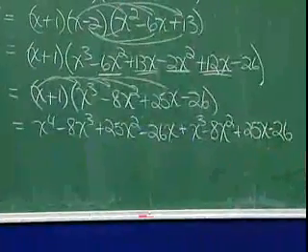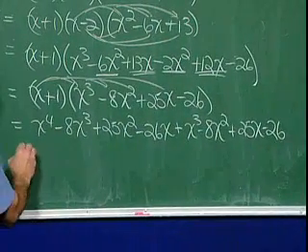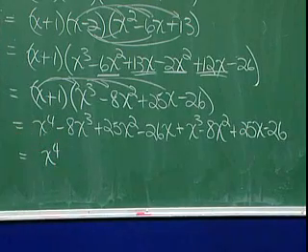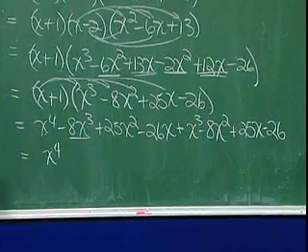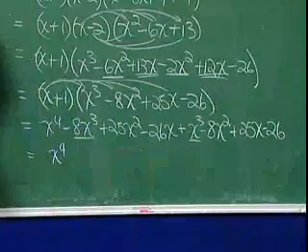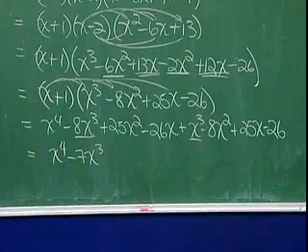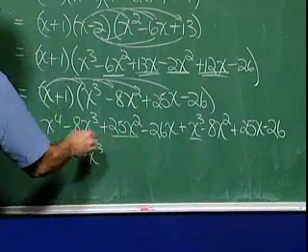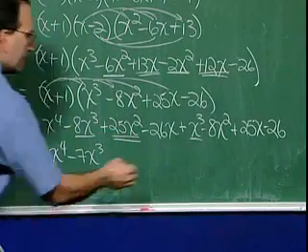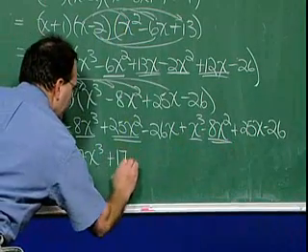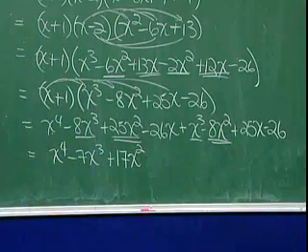And finally, we can combine like terms. There's no other x to the 4th. We have negative 8x cubed and a positive x cubed, so that's minus 7x cubed. 25x squared and negative 8x squared leaves me with 17x squared.